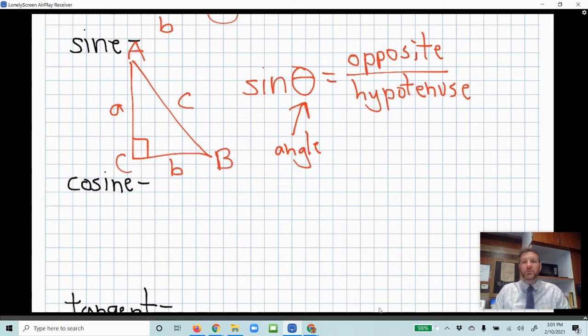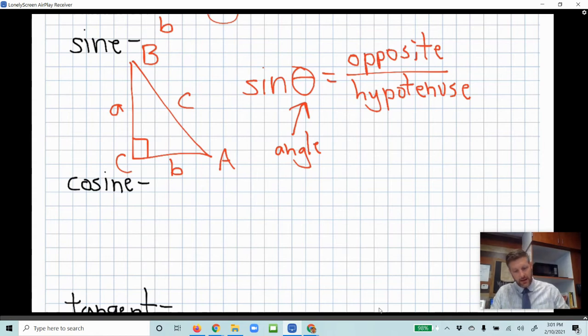Notice when we write triangles, capital letters are used for the angles or the vertices, and then the lowercase letters are used for the sides. And notice there will always be across from their matching, so in fact I did this wrong. Lowercase c should be across from capital C, a should be across from A, so this should be A right here, and then b should be across from B. So that would be more accurate like that.